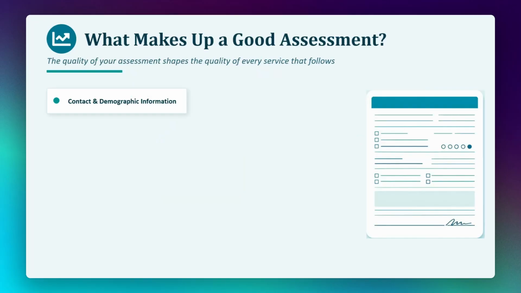So what makes up a good social work assessment? Let's start with the overall structure. Now, the specific data you collect on your social work assessment forms will depend on your organization's programs, services, and reporting needs.